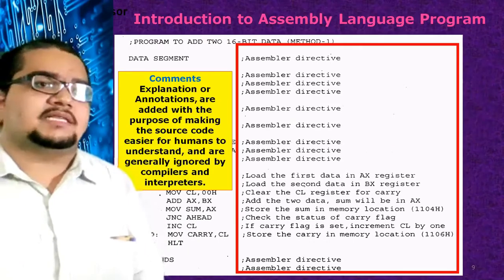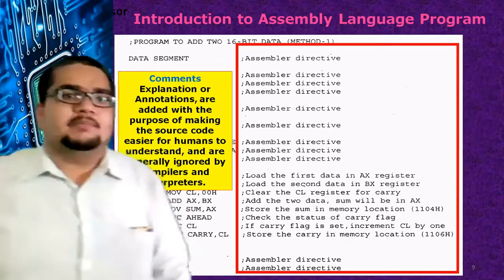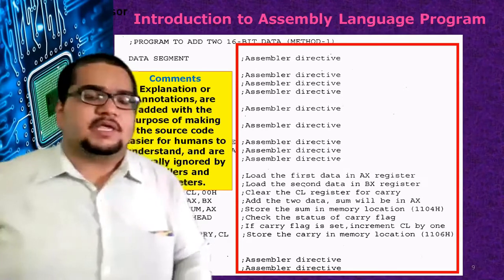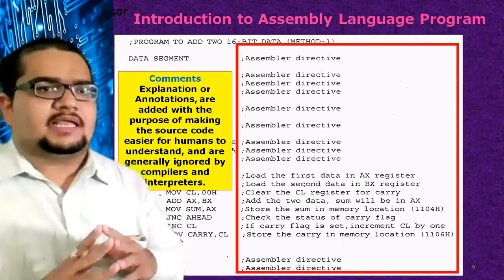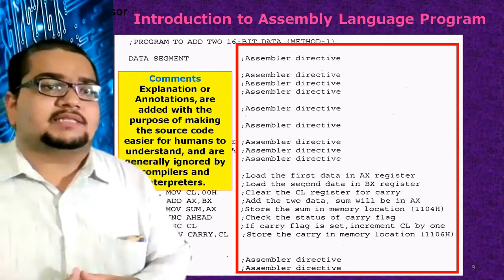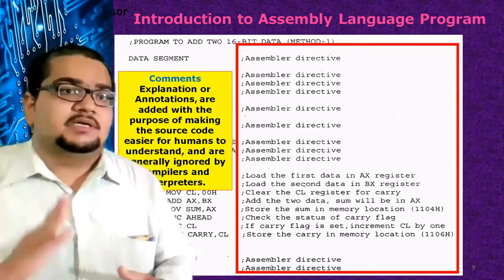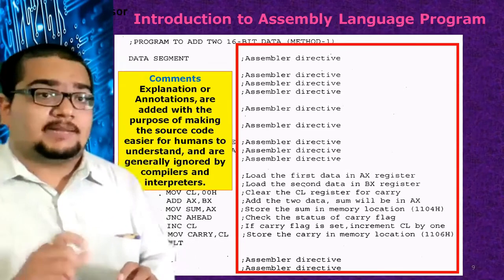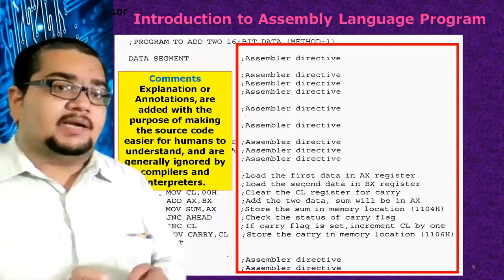Then we have seen another important part of the program. This particular thing is available in any language you work with. We write comments for program lines in any language, whether we are writing in C, assembly, Java, or anywhere else. We always suggest that we write proper, understandable comments.